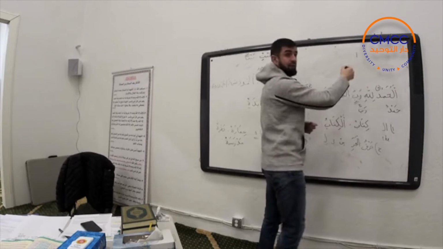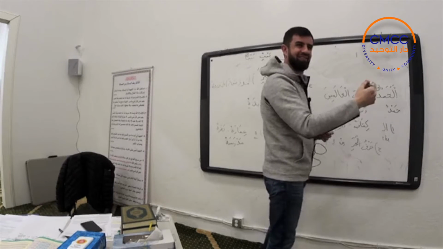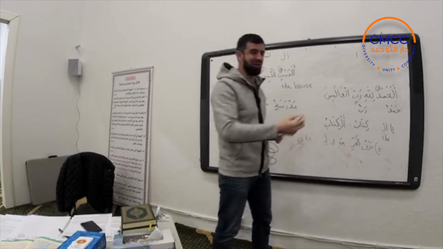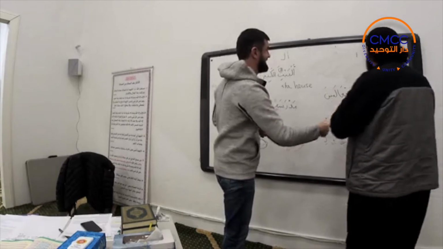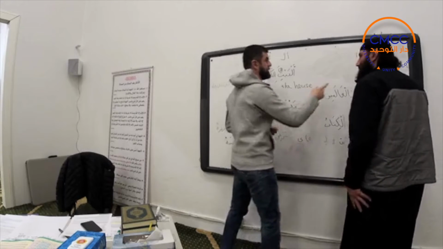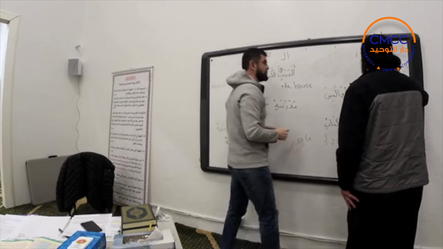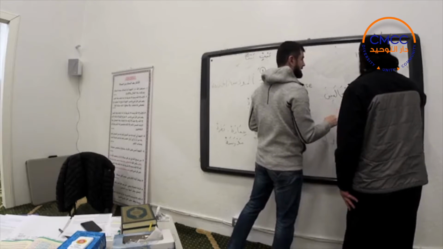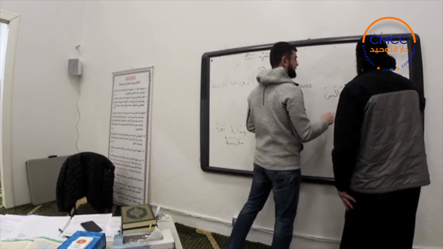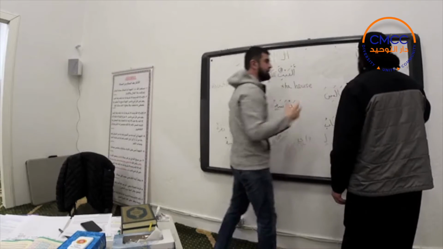Can you write it down? Rajulun tawilun. Just put ra, jim. Lam. Okay, that's good, mashallah. And then tawilun, ta.